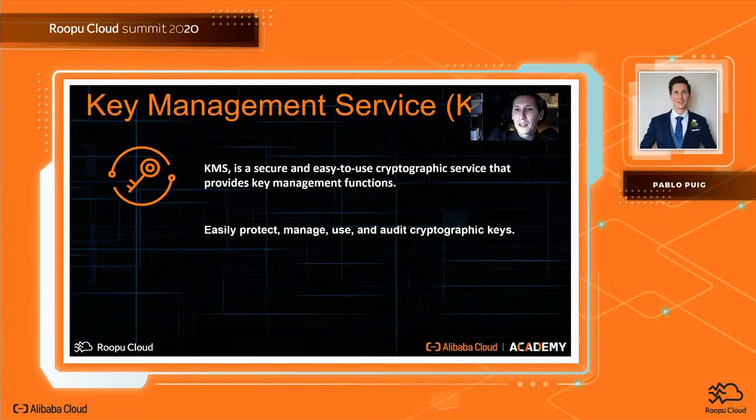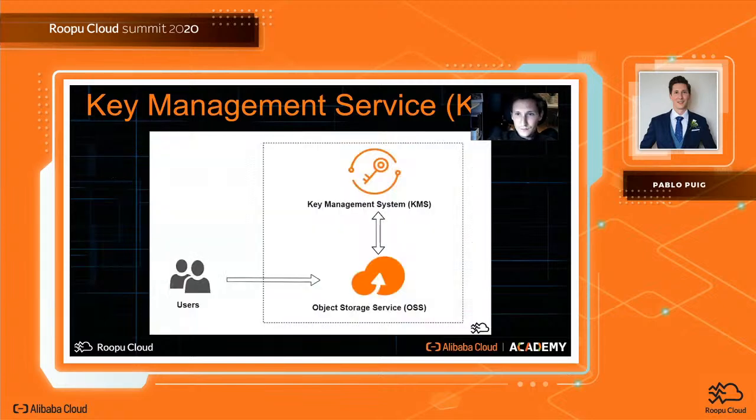It also provides built-in security best practices, such as key rotation, and integrates with many other cloud products, for example, OSS, allowing users to encrypt and protect sensitive data. You can easily protect, manage, use, and audit cryptographic keys on Alibaba Cloud. So the typical scenario for KMS is data encryption and data decryption, as shown in the picture.